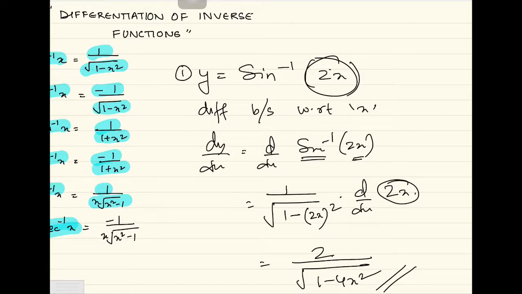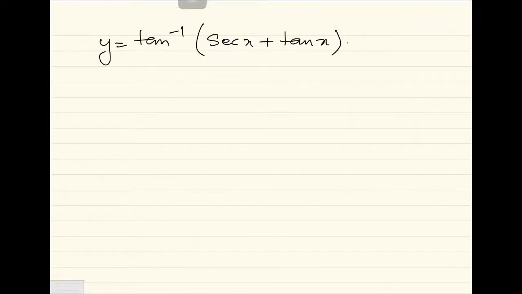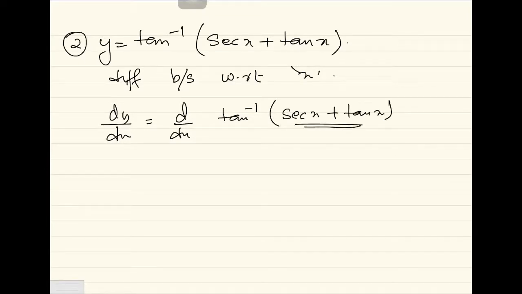Is that correct? Okay, let us move to another sum. Here I have another one, the second one. How would you differentiate this? Find dy by dx. So again, differentiating both sides with respect to x. So here comes the operator dy by dx, and here d/dx of tan inverse (sec x plus tan x). So clearly, again, I think I'll have to apply the chain rule because this is a function inside a function.